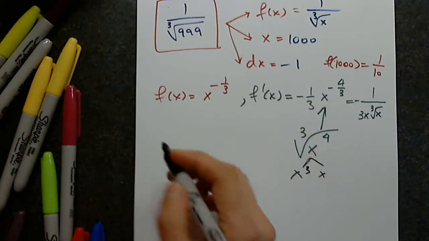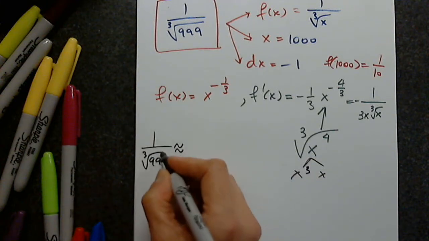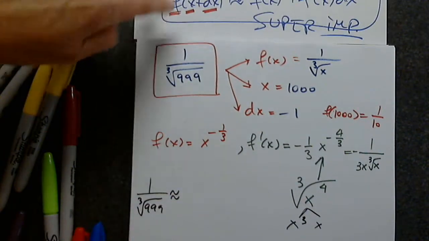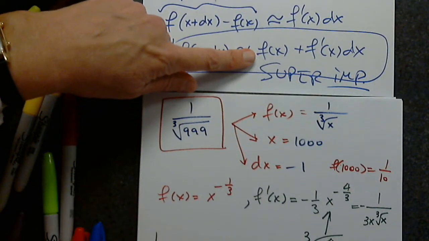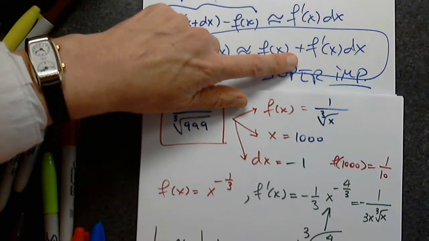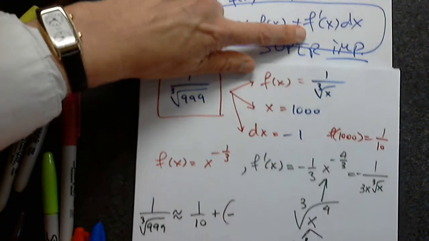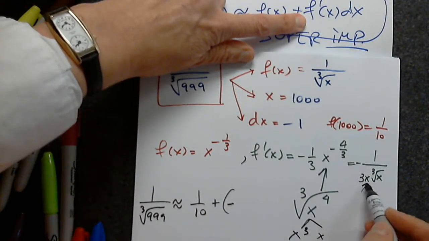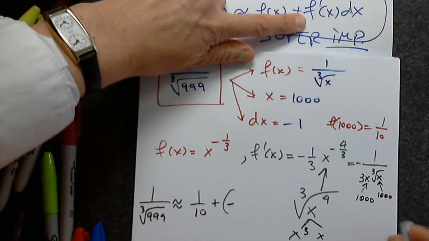So now let's put everything together. 1 over the cube root of 999 is approximately what? 1/10. Very good. Then plus, well, it's going to be minus, but I want you to see what I'm doing. Negative. So this is 1,000, and this is the cube root of 1,000.